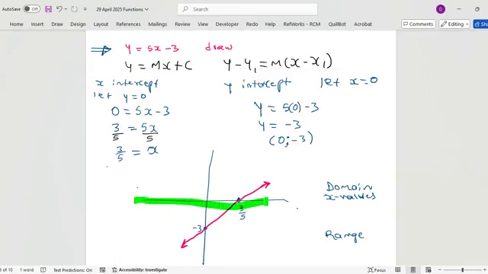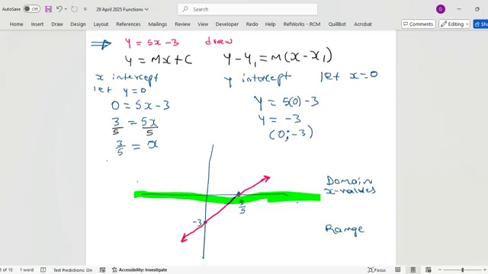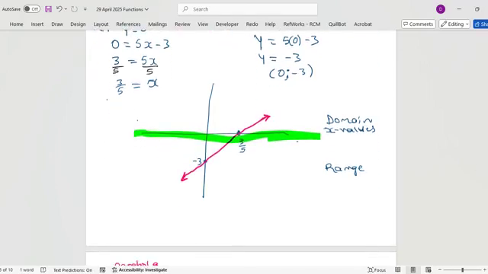Where does it end on the x-axis? Remember, this graph, because I did put arrows, I'm just showing you that this graph can be extended. The graph is going that way, and the very same graph that I'm talking about is going that way.